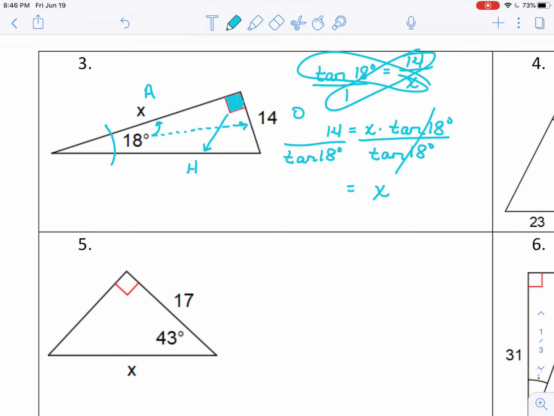So 14 divided by tangent 18 will be what I put into my calculator, which, let me get mine pulled up. And I'm using one of those backwards calculators, so I have to type in 14 divided by 18 tangent equals. I'm getting 43.08. So that's about 43.1 once I round to the nearest tenth.